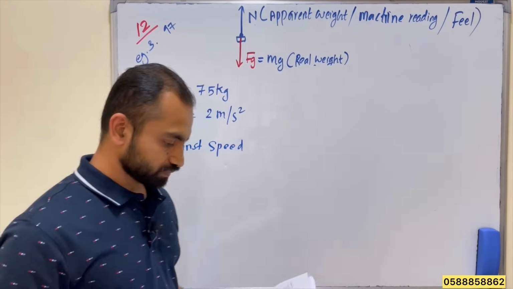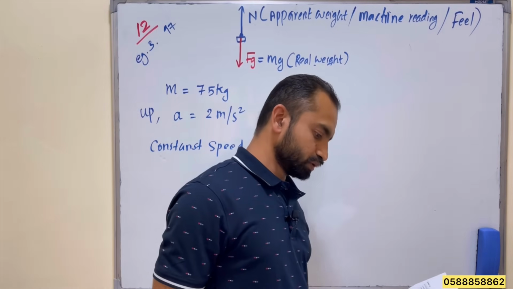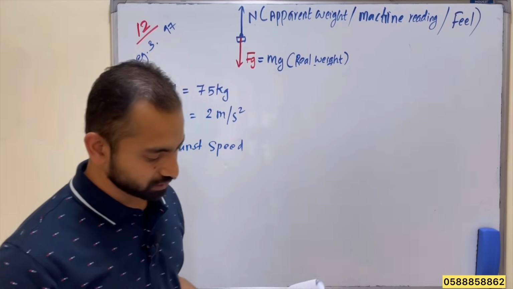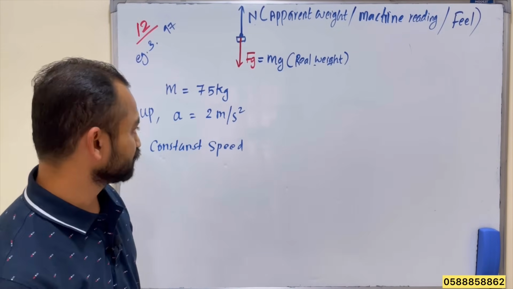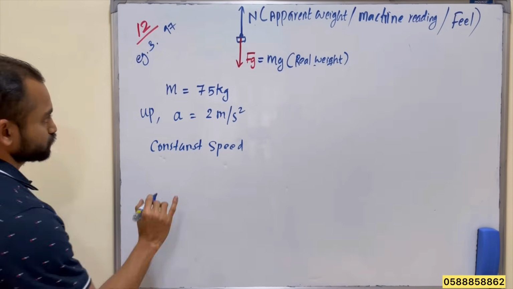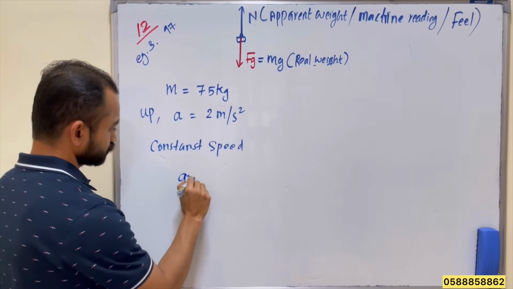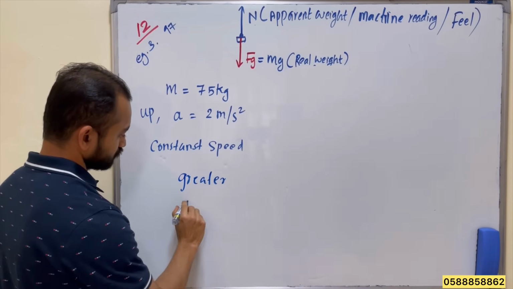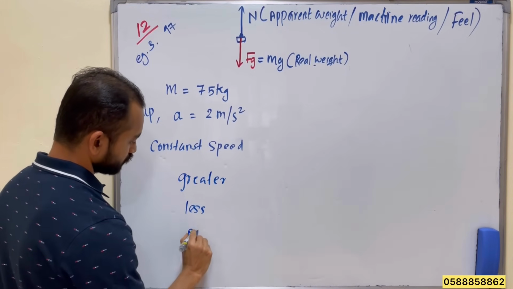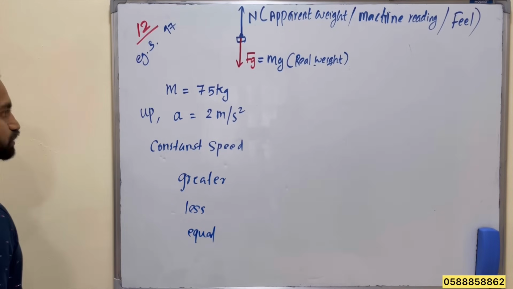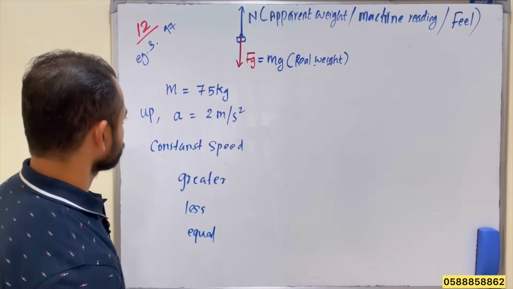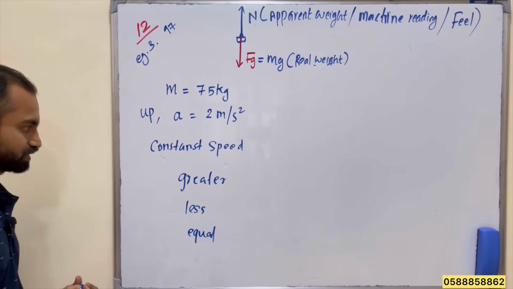After that, is the scale reading during the acceleration greater than, equal to, or less than the scale reading when the elevator is at rest? So we need to check greater, less, or equal. That is the question.